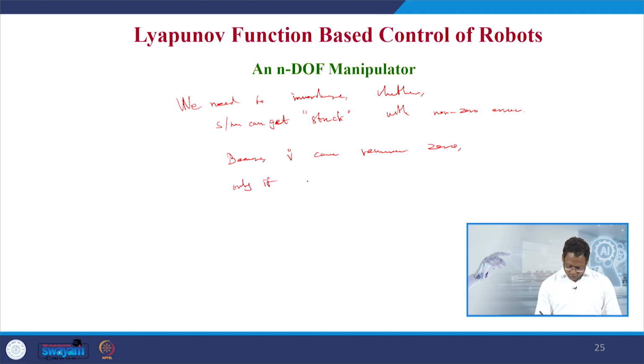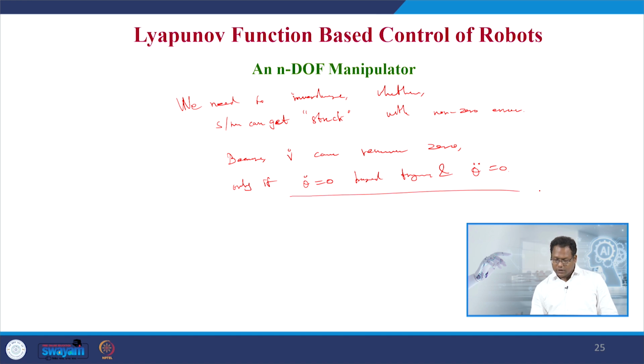only if theta dot equal to 0 based trajectories, and the trajectory must also have theta double dot equal to 0. That means V dot can remain 0 provided the trajectories are along theta dot equal to 0 and theta double dot equal to 0.